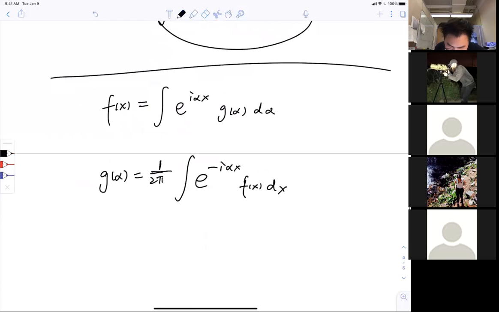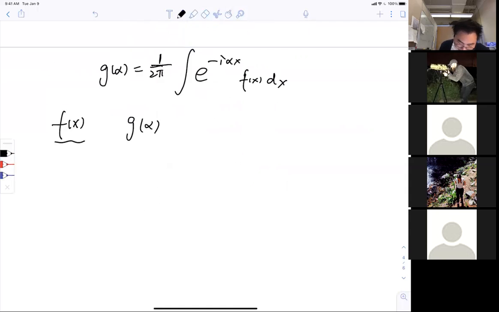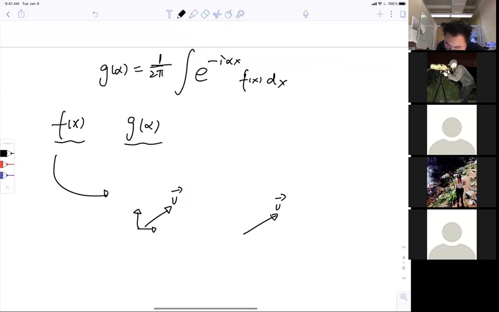And then what I want to say here is that this kind of transformation, you may think there are two functions, G of x and G of alpha. It's actually very similar to what we did with vectors. So imagine we have a vector V, and we have some coordinates. Now, of course, we can rotate your coordinate or translate your coordinate.